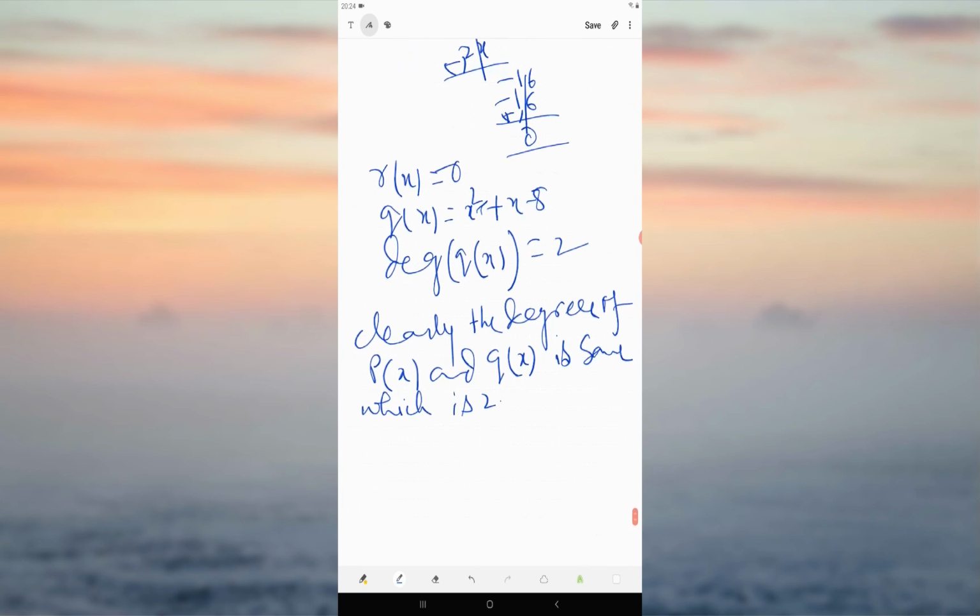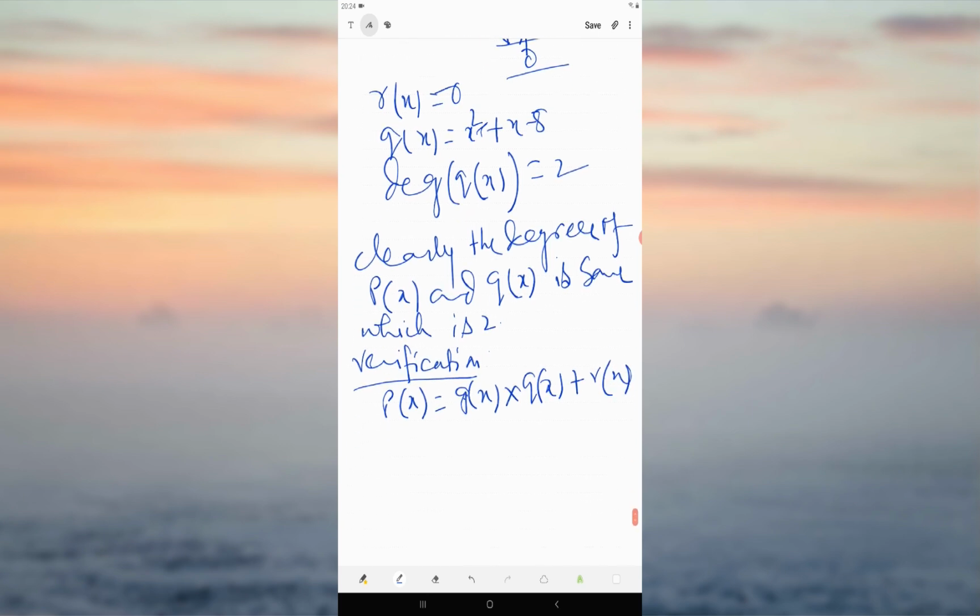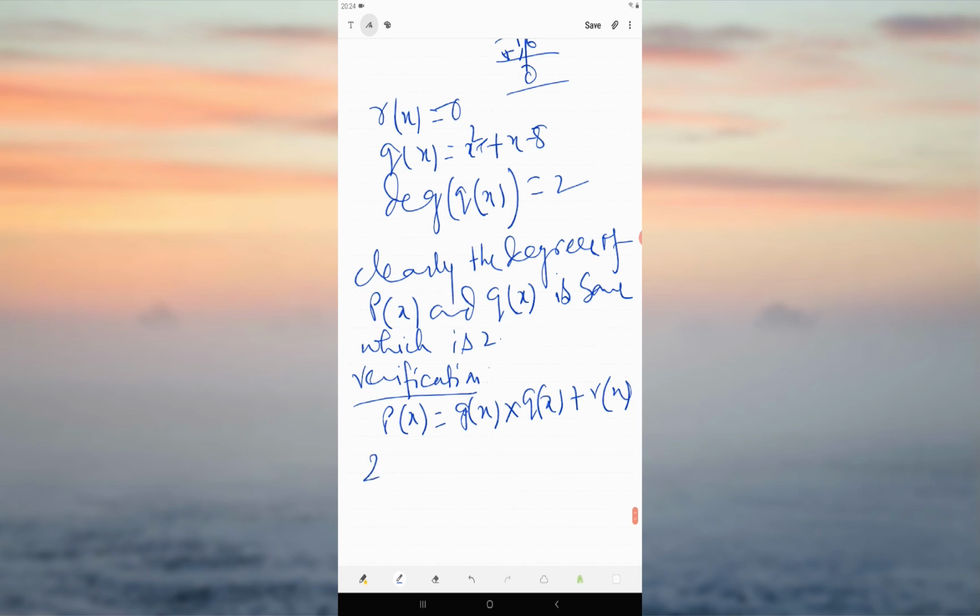So we have verified, and we have also done the verification of p(x) equals g(x) into q(x) plus r(x). So this we can verify. How? Because p(x) was 2x square plus 2x minus 16, correct?